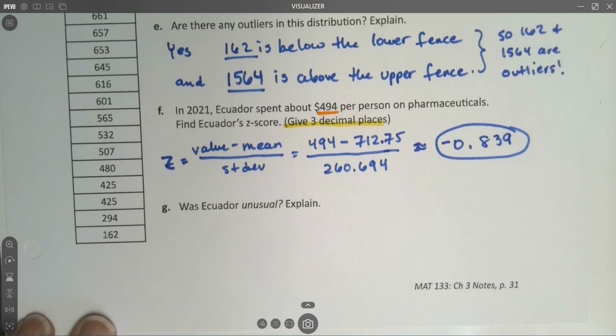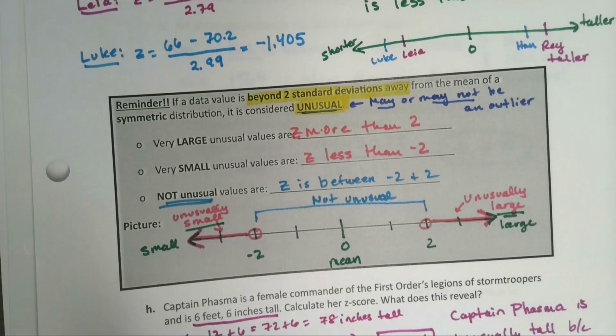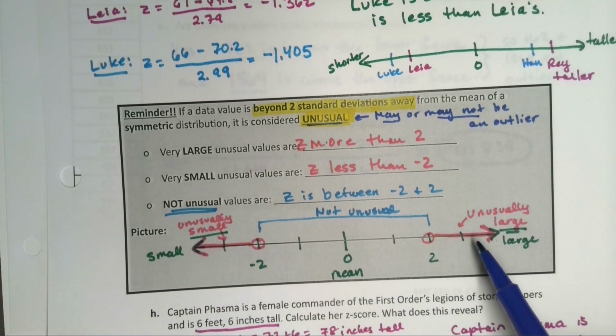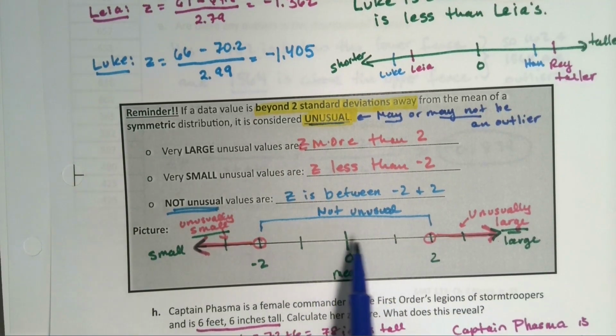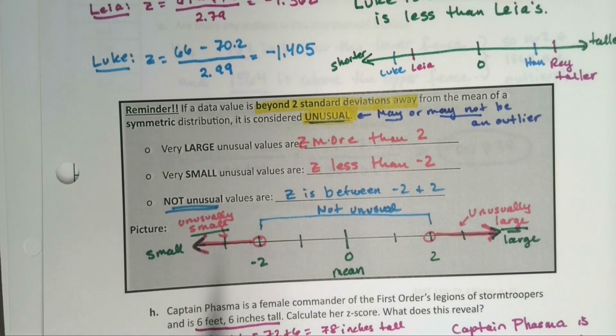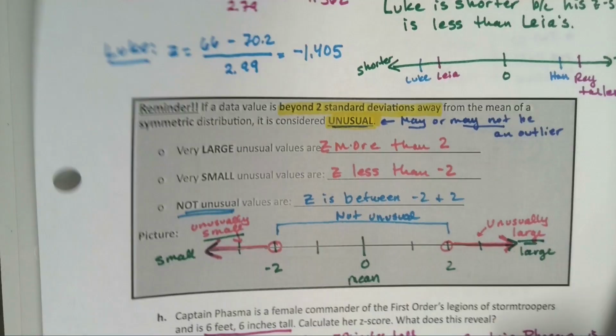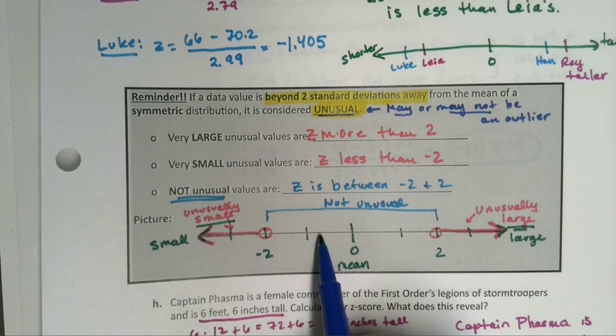Now, was Ecuador unusual? Well, to be unusual, you have to have a z-score that is less than -2 or more than +2. If your z-score is between -2 and 2, it is not unusual. We learned that in this section. So a z-score of negative 0.839 would be right here. You haven't even made it to -1, right? You're right there. So it is not unusual.